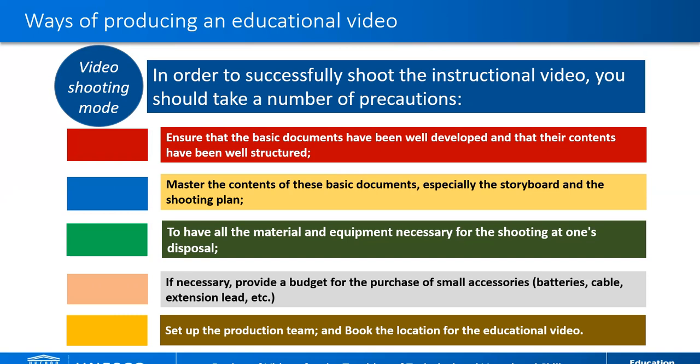Having all the material and equipment necessary for the shooting at one's disposal. Providing a budget for the purchase of small accessories, including batteries, cables, extension leads, etc. And setting up the production team and booking the location for the educational video.